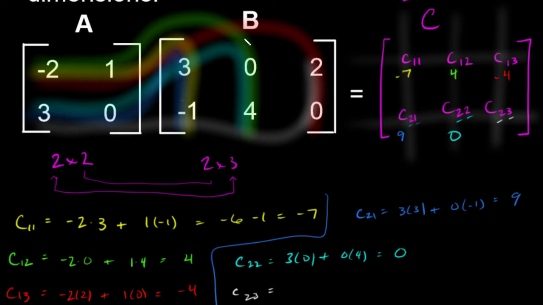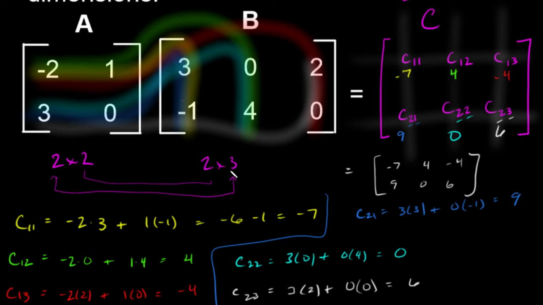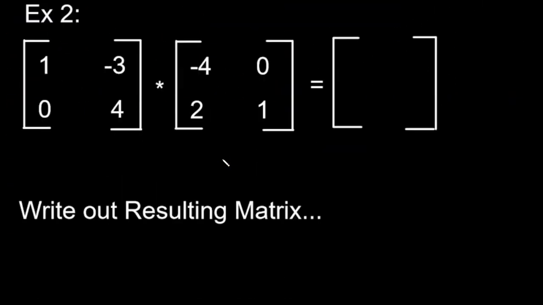So 3 times 2, and then 0 and 0. And you get 6. And so this entry is 6. So your overall answer would be -7, 4, -4, 9, 0, 6. That is your actual answer. I know it's a complicated process. I did warn you at the beginning of the lesson.